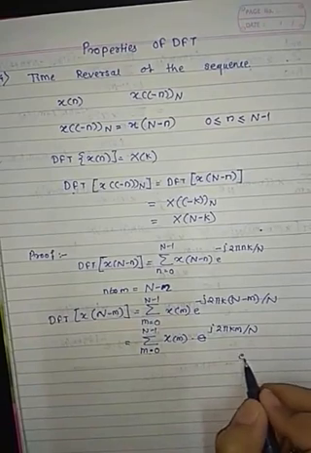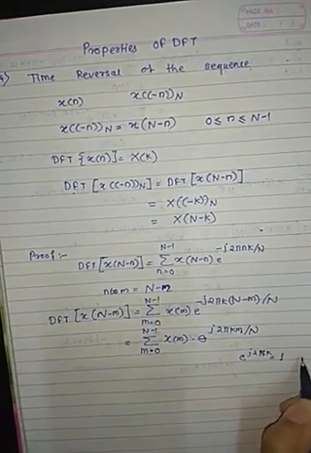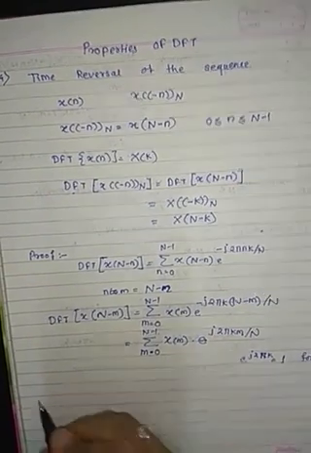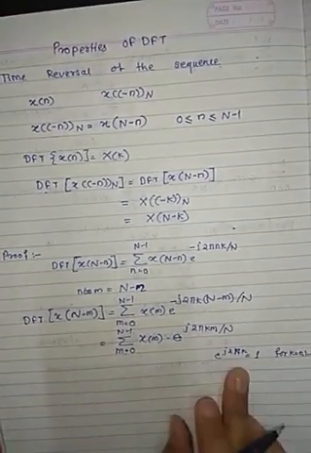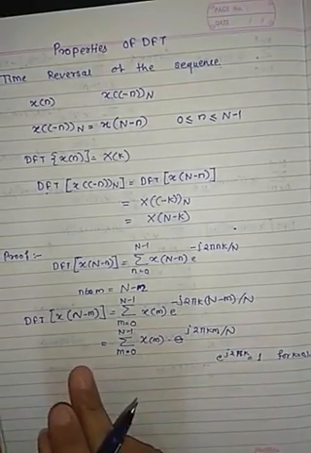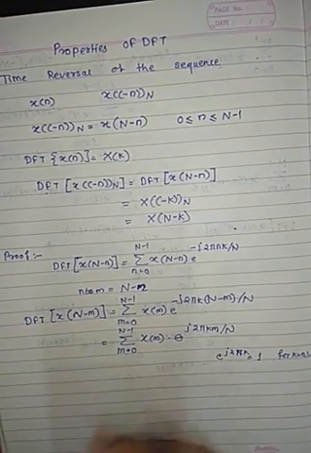As e raised to minus j 2 pi k has the value equal to 1 for all values of k, we multiply our equation by this term.